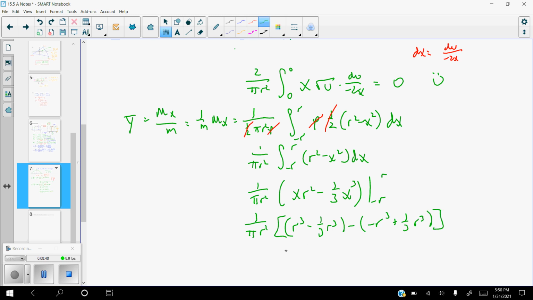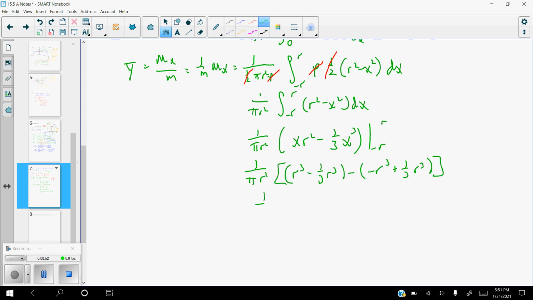So within the parentheses here, I'm going to get r cubed minus 1/3 r cubed, which is 2/3 r cubed, minus a negative 2/3 r cubed. So it's really going to give me 4/3 r cubed. So we get 1 over pi r squared times 4/3 r cubed.